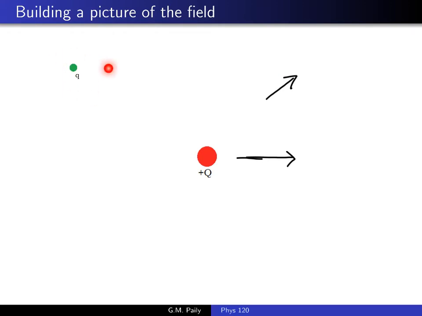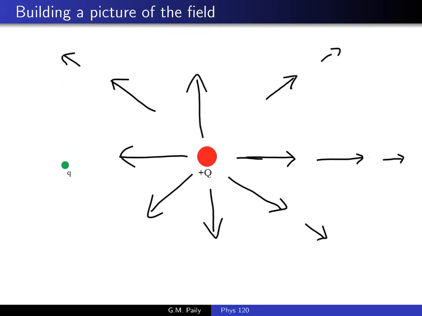And next, here, and so on. In this manner, we can build up a map of the vector field around the positive charge. We see that the field is strongest close to the charge, always points away from the positive charge, and gets weaker with distance as we move further and further away.